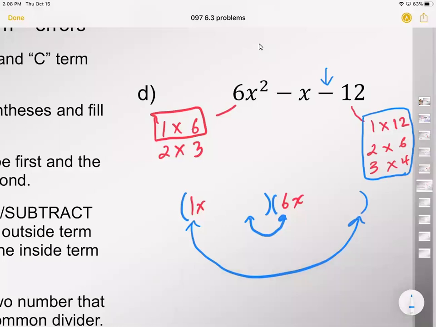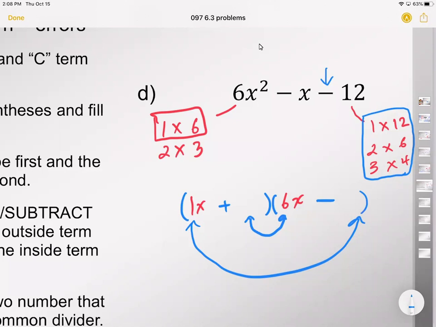For me, this is how I guess them, this is my trial and error. If I know I add, I have the same sign, either both positive or both negative. If the C term is subtraction, I know that one of them is positive and one of them is negative. And now, again, we just go in and guess them out.